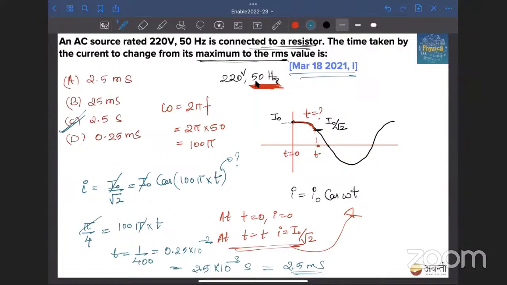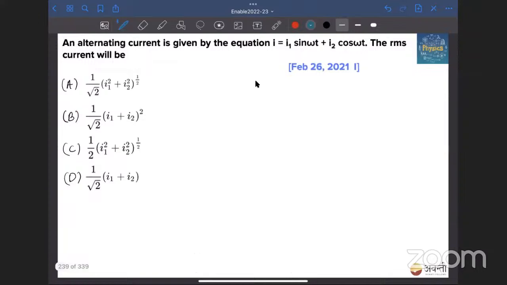Let's move to one more question. Quickly, try, 2 minutes. Same question, meaning it came the same year again.